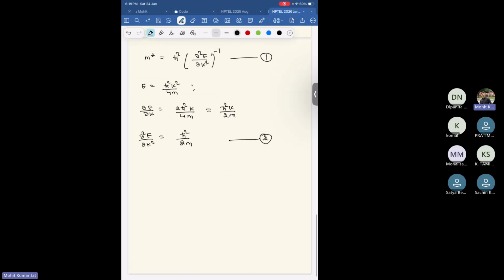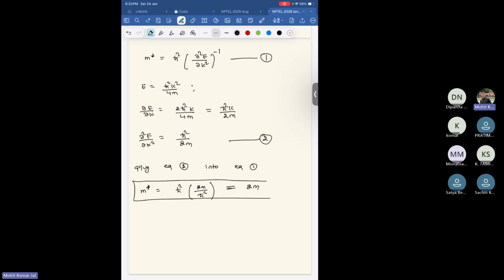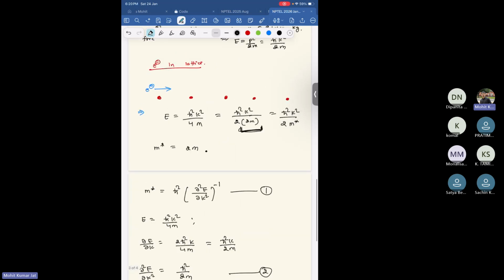Now if you plug equation 2 into equation 1, then what you get is the effective mass for that carrier, and that will be h bar square times 2m by h bar square, that is equal to 2m. This is what we evaluated if we write our dispersion in the form of h bar square k square by 2m star.